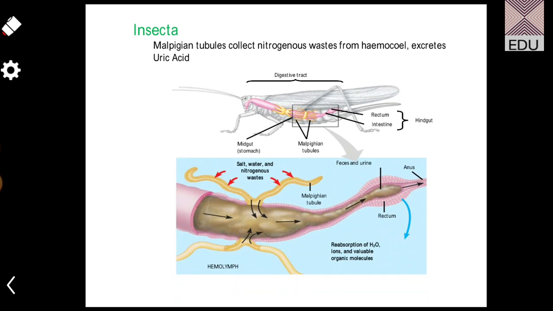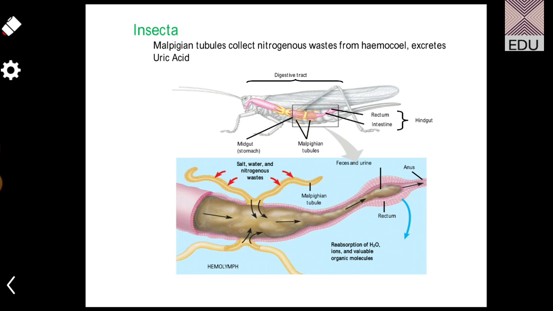Now this particular structure is showing you the functioning of the Malpighian tubules. You can take these diagrams from anywhere. You can take them from Google, some encyclopedia, Britannica, Encarta encyclopedia, or a physiology book of any author.